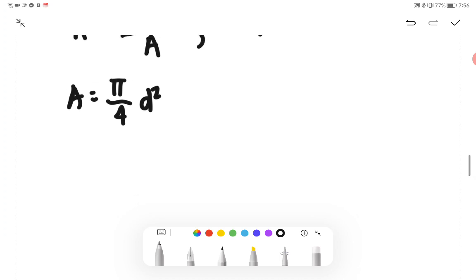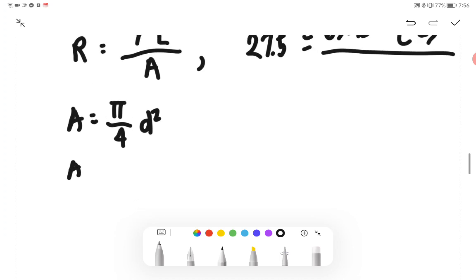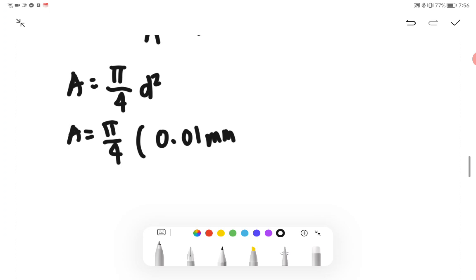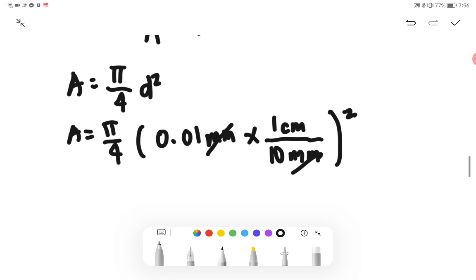Okay, so our area is equals to pi over 4 times 0.01 millimeter, right? 0.01, yes, and 10 millimeter is equals to 1 centimeter. So this should be squared, this one is cancelled.